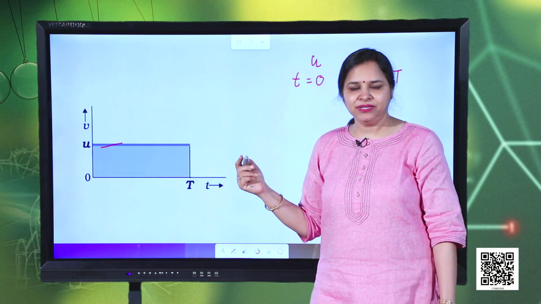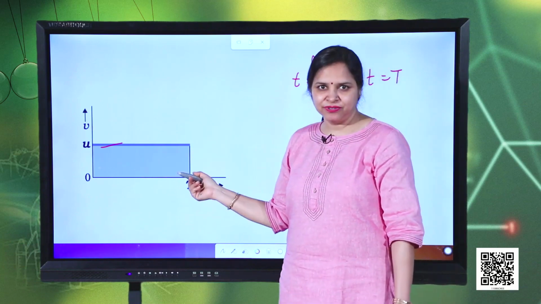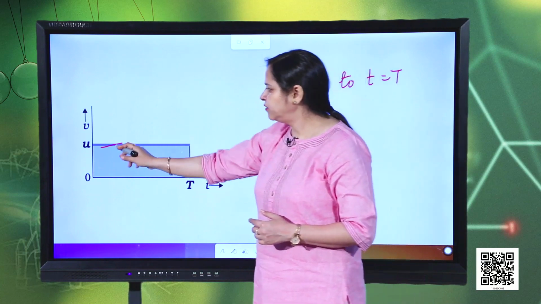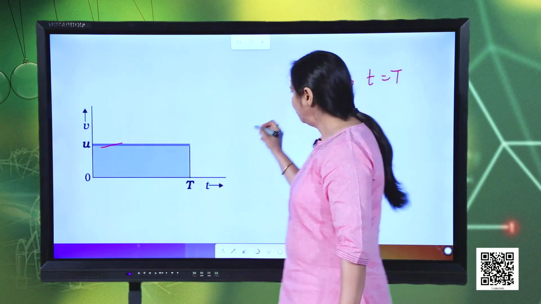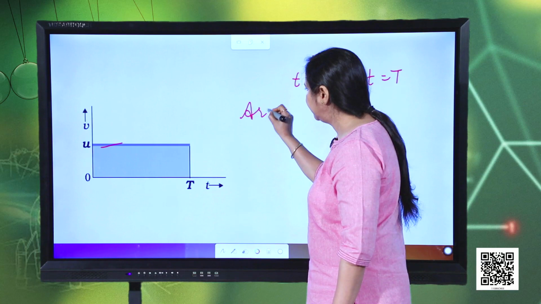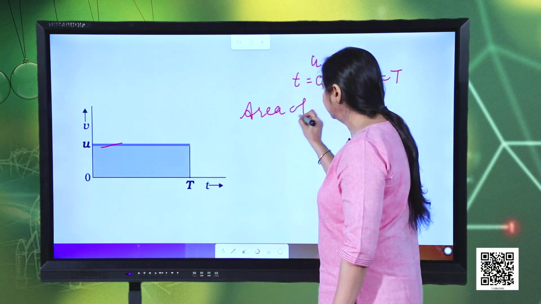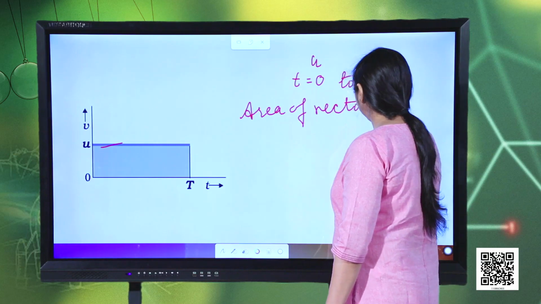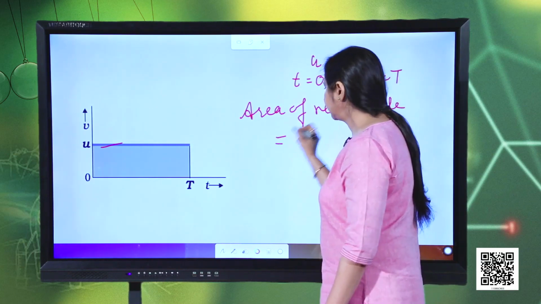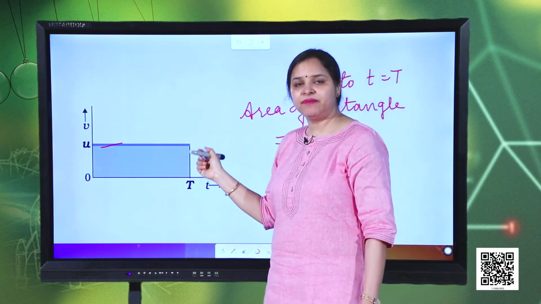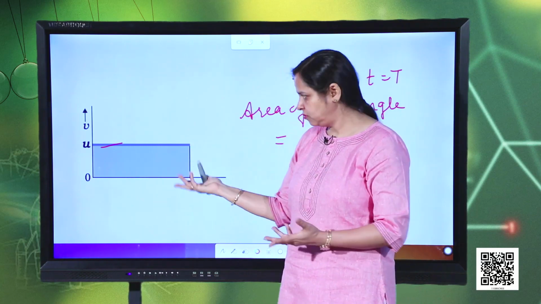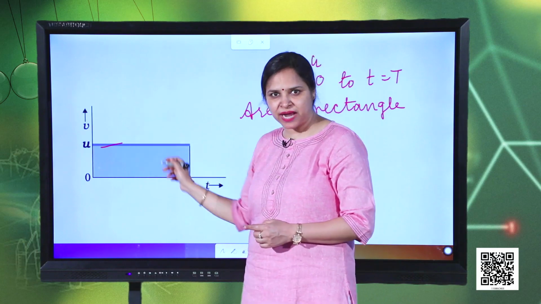Now, let us find out the area under this curve. For this we need to determine the area of this rectangle. What will be the area of this rectangle? For the area of a rectangle we multiply length with height, or length with width, the multiplication of the two dimensions.